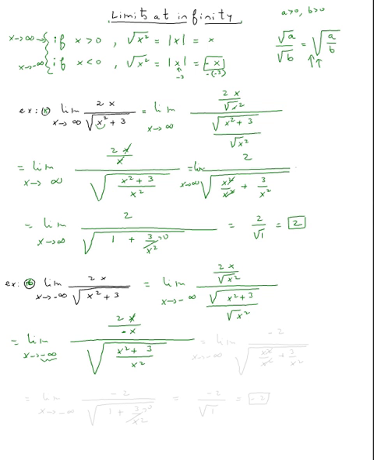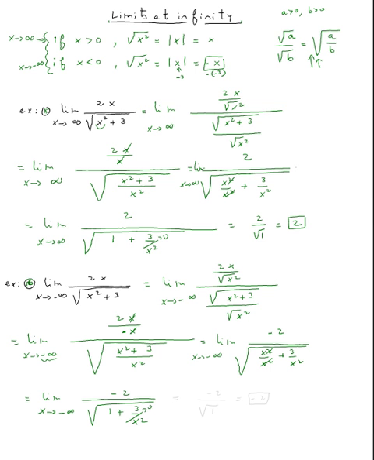So we simplify x with x. Now we get minus 2 for the numerator, and then the denominator is the square root of x squared over x squared plus 3 over x squared, as x approaches negative infinity, which is equal to the limit as x approaches negative infinity of minus 2 over, now simplify x squared with x squared, you get 1 plus 3 over x squared.